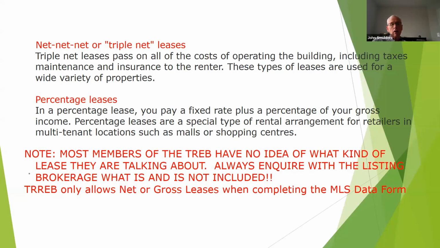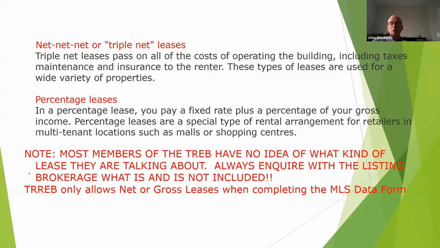But you should always inquire with a listing brokerage what is and is not included in the rent. And the reason why is TREB only allows a listing agent to choose net or gross when completing the MLS data form. And that's a real problem because you don't know if it's net, and you don't know if it's gross.